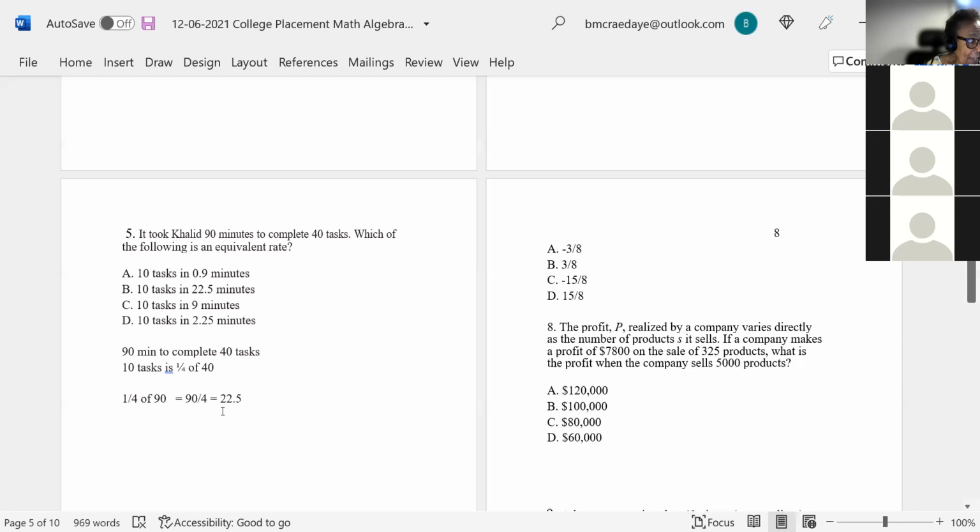So 90 divided by 4 is 22.5, and the answer is B. You could have set it up as a ratio, but you didn't have to, because they gave you 1/4 the number of tasks. So it's going to take you 1/4 the number of minutes. Got it?